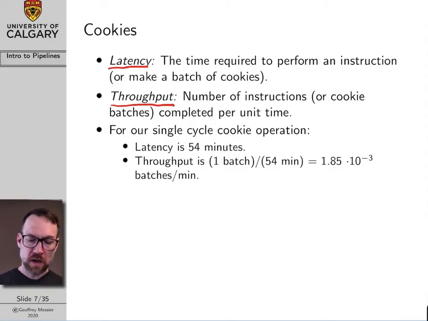And so for our single cycle cookie operation, latency is 54 minutes. That's how long it takes us to bake a single batch of cookies. And our throughput is one batch every 54 minutes, or in other words, 1.85 millibatches of cookies per minute.